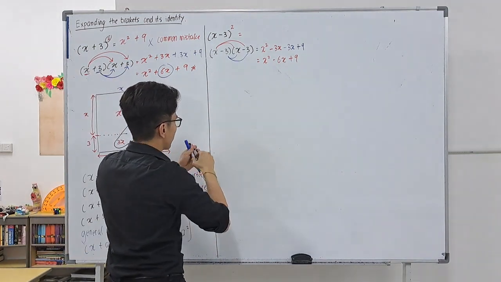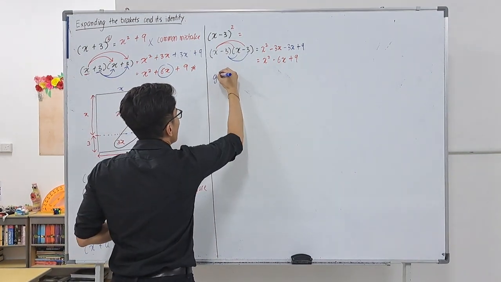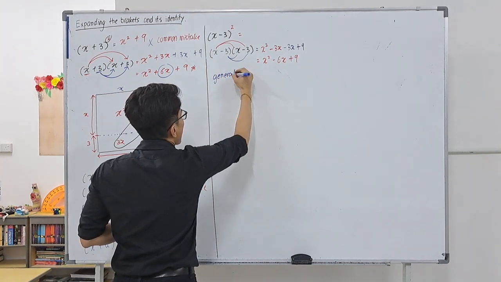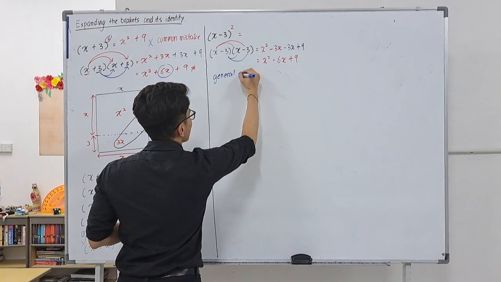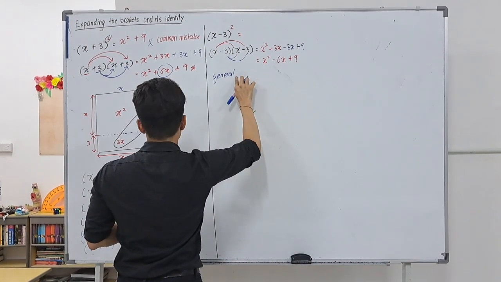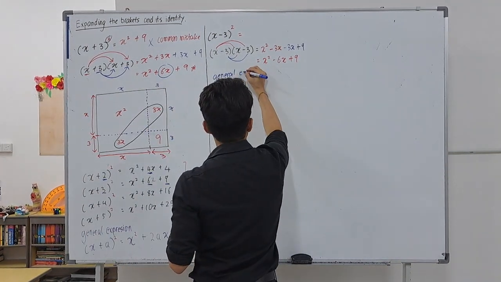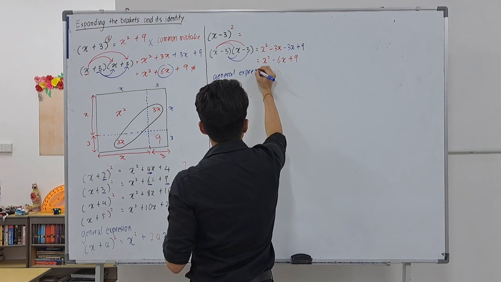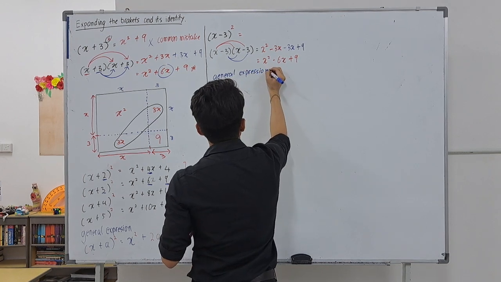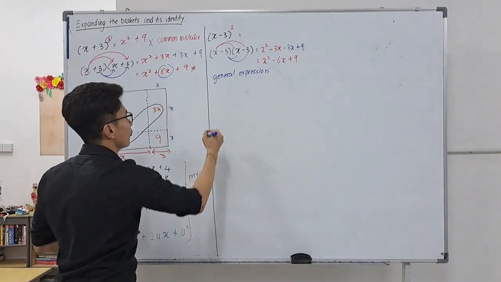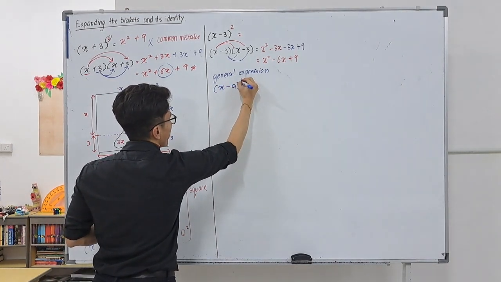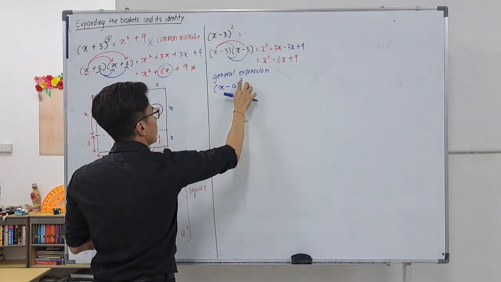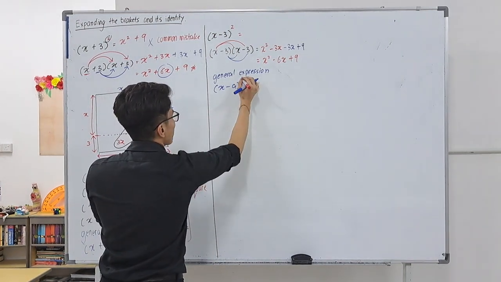So my general expression over here, okay, so when I have x minus a squared, all right, what will I get over here?